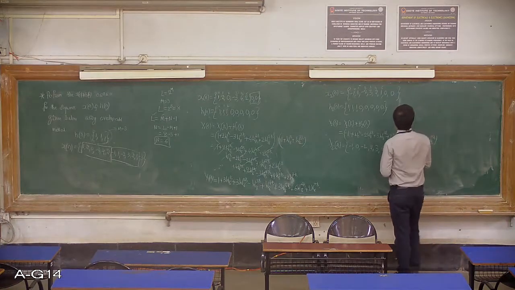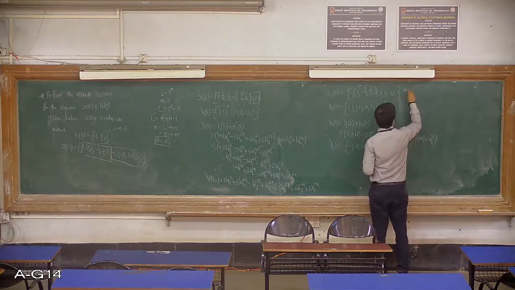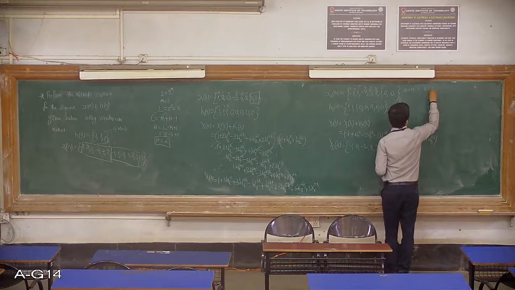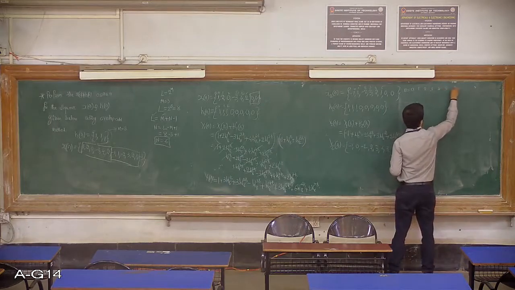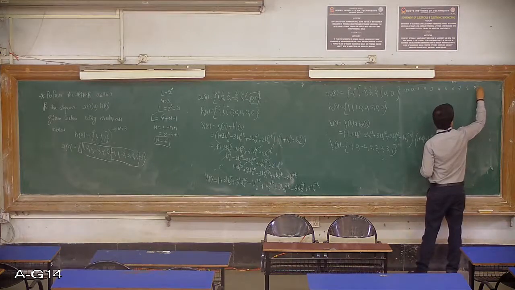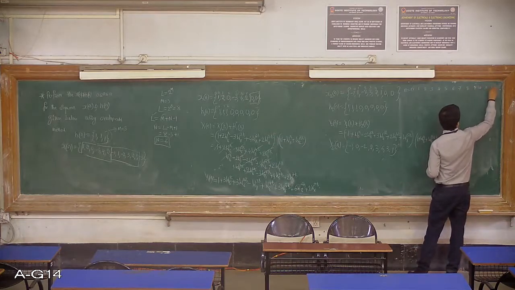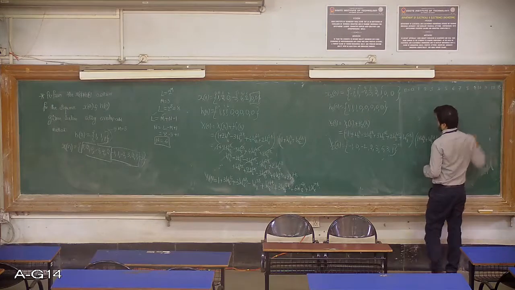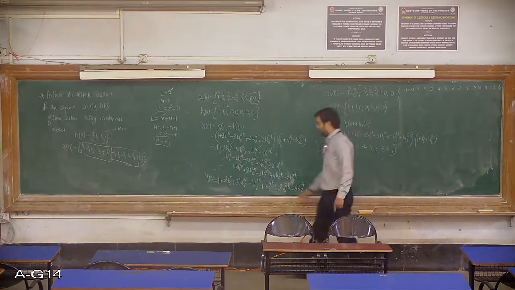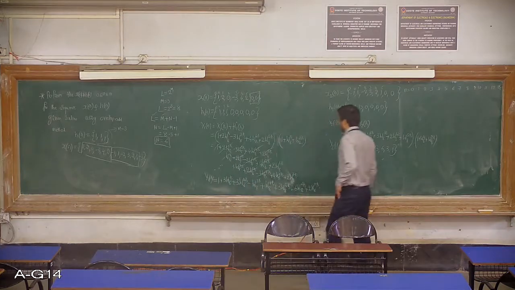Around 13 points are there. So n is equal to 0, 1, 2, 3, 4, 5, 6, 7, 8, 9, 10, 11, 12, 13, like that.